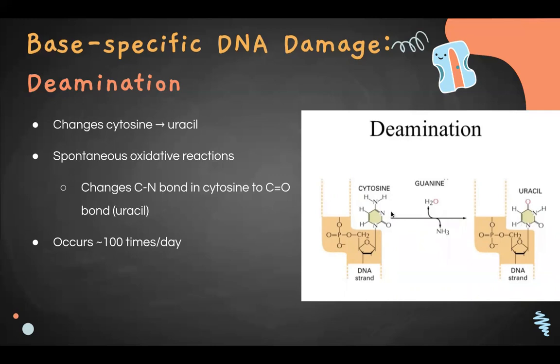So the important thing to remember is that it changes the cytosine to uracil, which, if you remember, is the equivalent of thymine, or the T in DNA, but uracil is usually an RNA nucleotide.